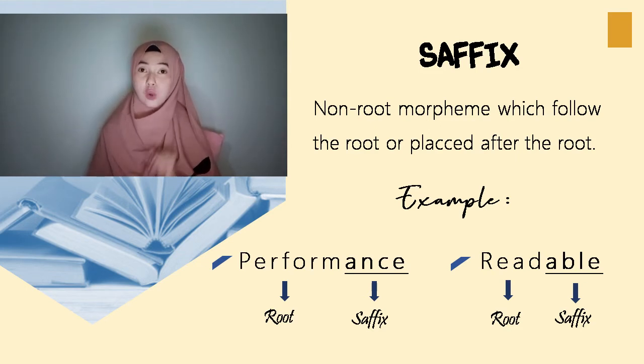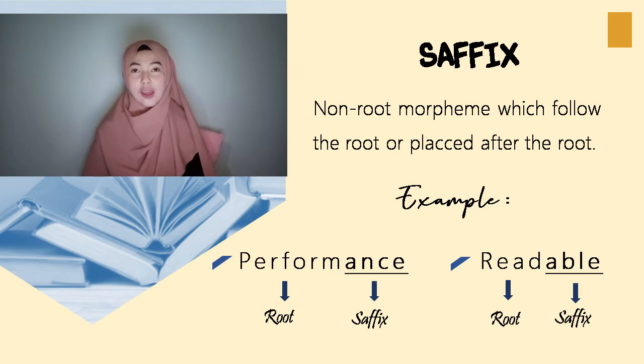Perform is a root, ance is the suffix. The suffix is placed after the root. Perform root and suffix, performance. Another example, readable. Read is a root, able is the suffix. Readable.